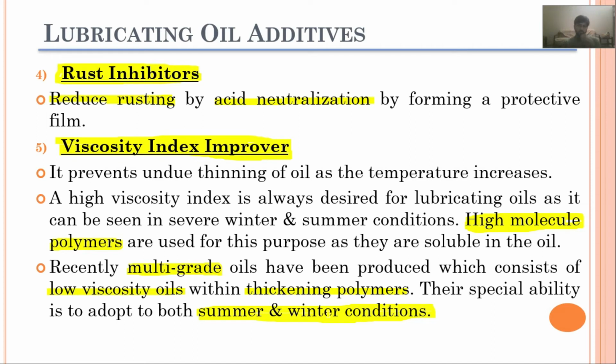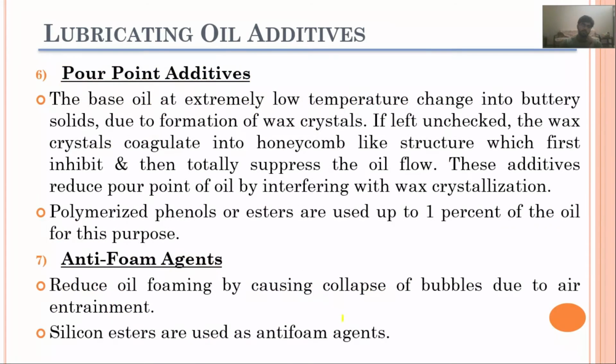Okay, so now moving forward, next we have pour point additives. As I explained earlier, the pour point is that minimum temperature at which your lubrication oil can be poured.